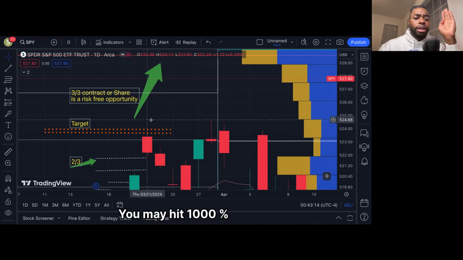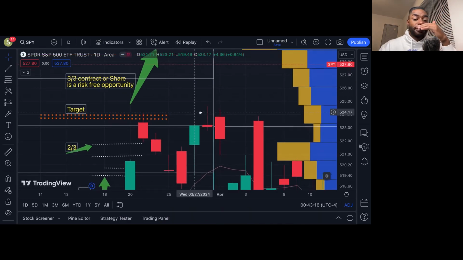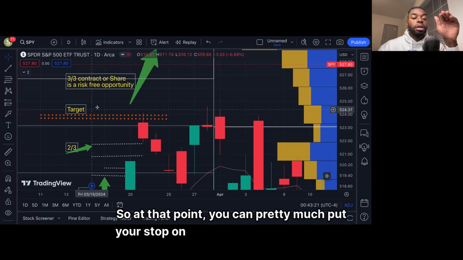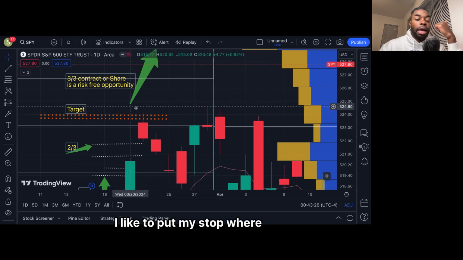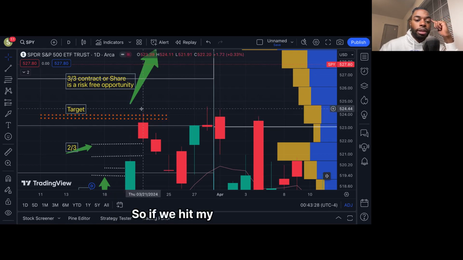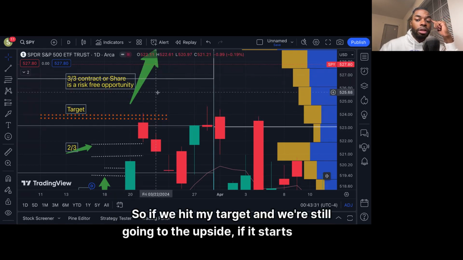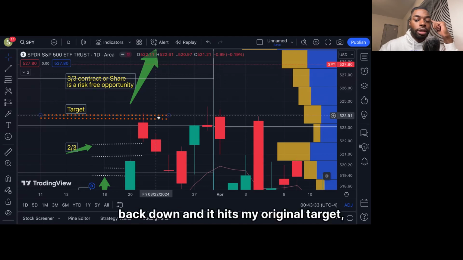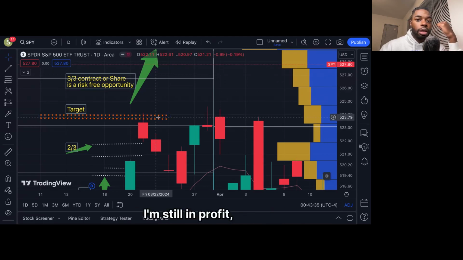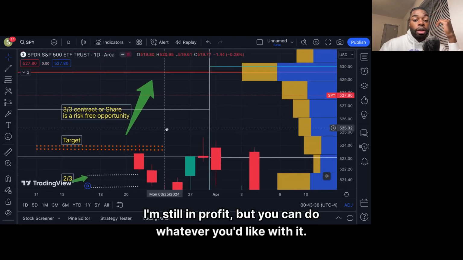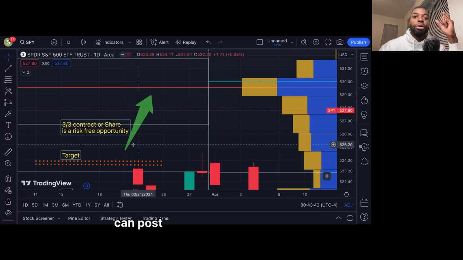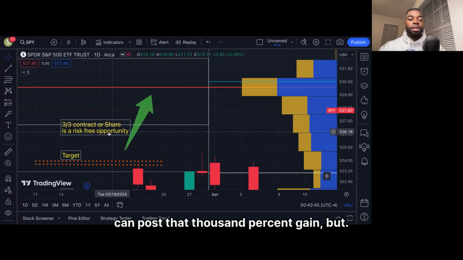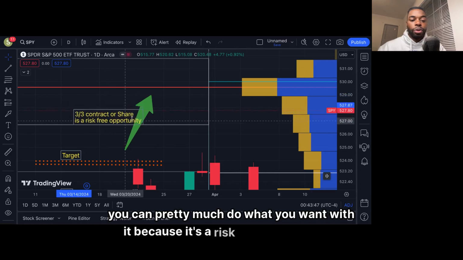It may hit 1,000% or it may come back down. At that point, you can pretty much put your stop on this last one wherever you'd like. Me personally, I like to put my stop where my target was. So if we hit my target and we're still going to the upside, if it starts to come back down and it hits my original target, I'm just going to take it out there because I'm still in profit. But you can do whatever you like with it. A lot of the times that last one will just go to like 1,000%, and then you can post that 1,000% gain. But you can pretty much do what you want with it because it's a risk-free opportunity.